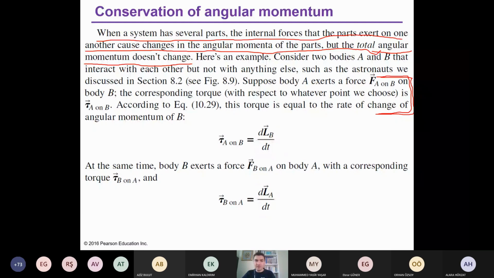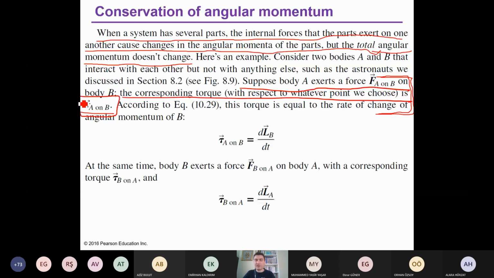Suppose a body A exerts a force on B, the corresponding torque with respect to whatever point we choose is this one, the torque applied by A on B. Then this torque can be written like this.